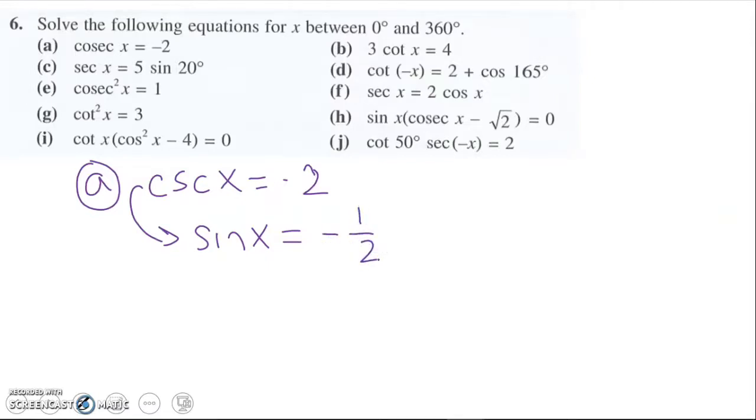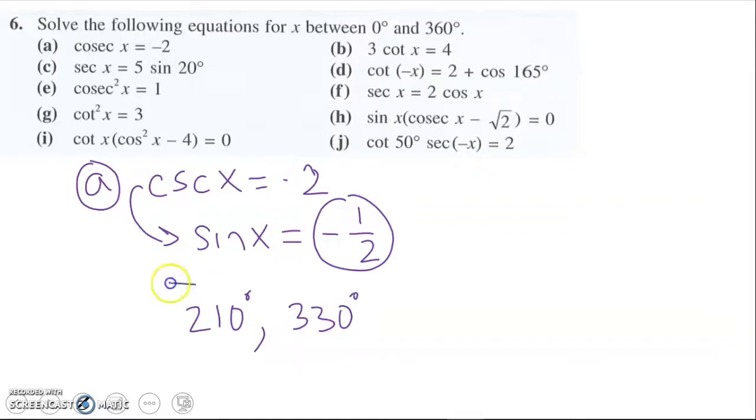This trig ratio, you should be pretty comfortable with because you can simply get this from your unit circle. The angles associated with -1/2 are going to be 210 degrees and also 330 degrees. So those are your two answers for A.